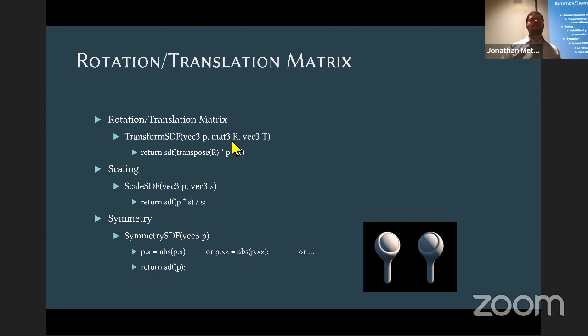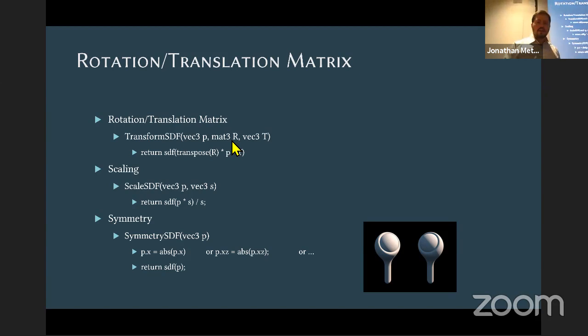Take the transpose of a rotation matrix, it's its own inverse. And you can prove that if you start out with a simple rotation: cosine theta, sine theta, minus sine theta, cosine theta. If you take the inverse and multiply it, you end up getting cosine squared and sine squared, and you know you're going to end up getting the identity matrix.